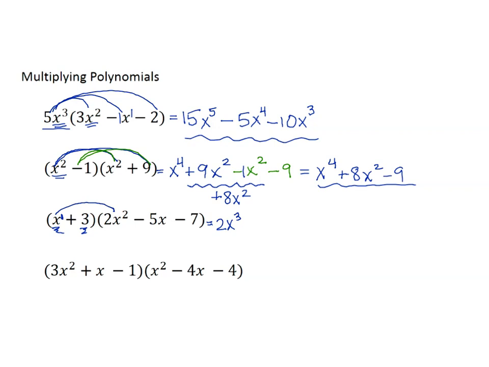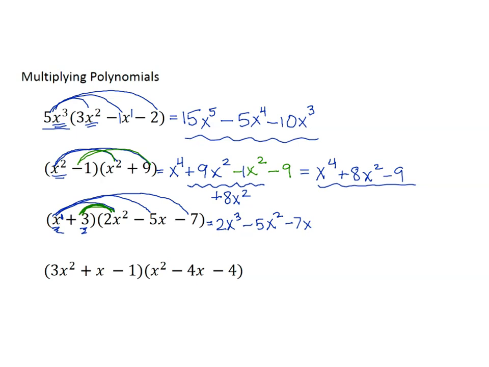Then I've got x times negative 5x, and that will give me negative 5x squared. And then I've got x times negative 7, which will give me negative 7x. So far, so good. Now I work with the 3, right? Now I'm going to take the 3 from that binomial and distribute it to the trinomial. So I've got 3 times 2x squared.